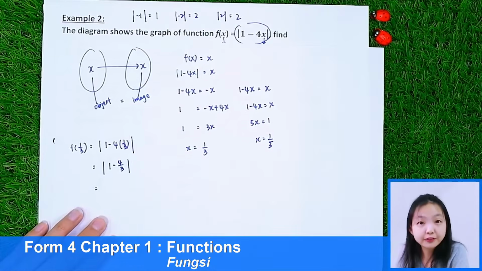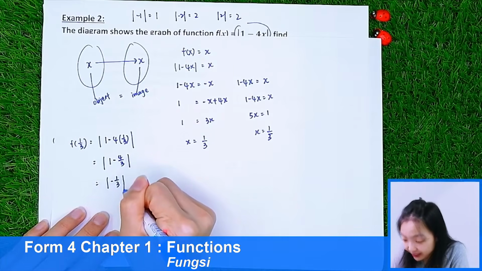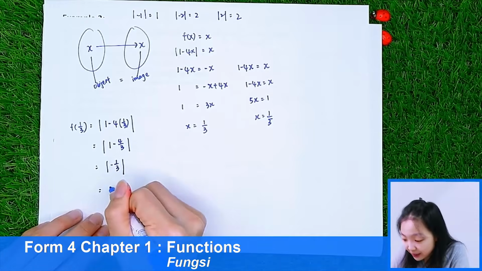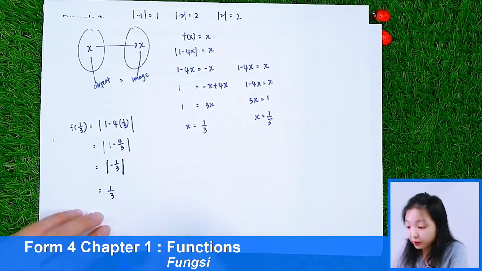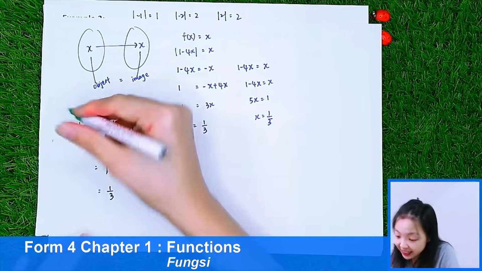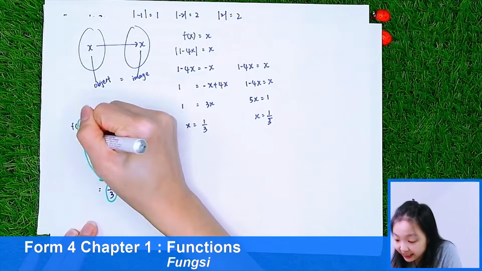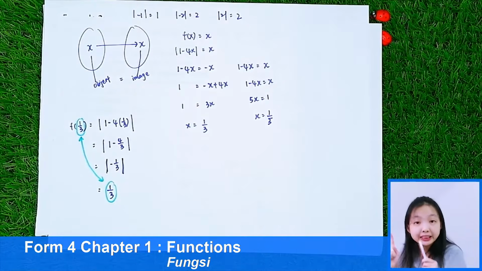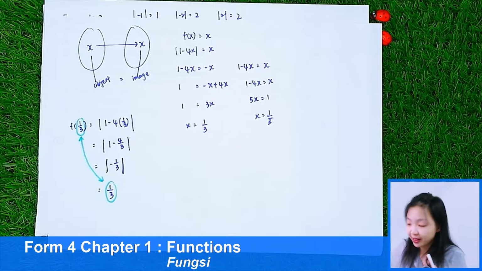What will be the answer for 1 minus 4 over 3? It will be negative 1 over 3. Since this is modulus, the answer will be 1 over 3. Do you see that? The object and the image are the same. That means maps to itself. This one I left to you to prove it.